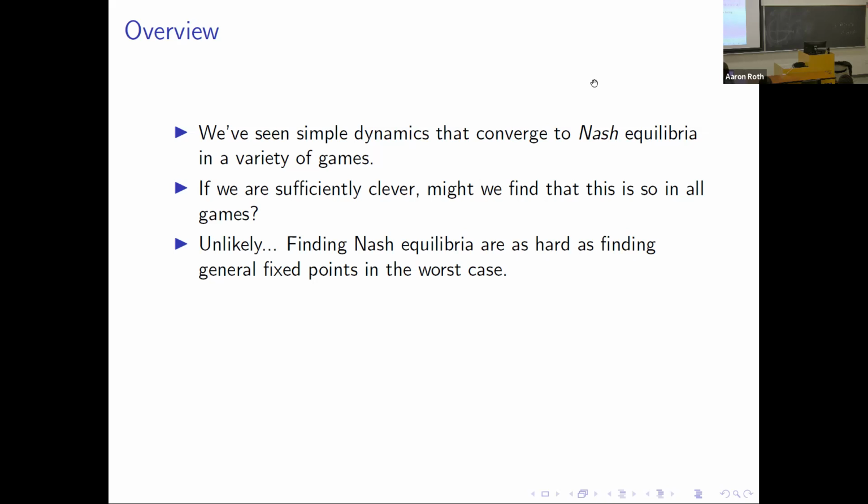So in some general sense, if you had a polynomial time algorithm of any sort for finding Nash equilibria in arbitrary, even 3-player games, maybe even 2-player games, you could find fixed points for arbitrary functions, and people have tried, and it seems hard. So there's reason to think that we're not going to find even a polynomial time algorithm, let alone an efficient decentralized dynamic that converges to Nash equilibria without needing some additional structure in the game.